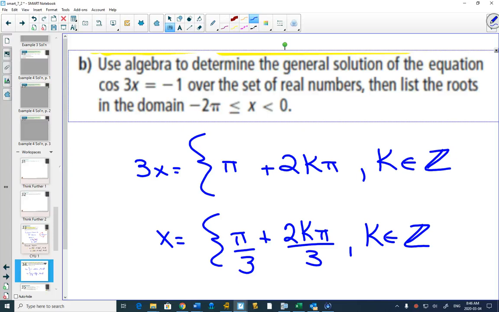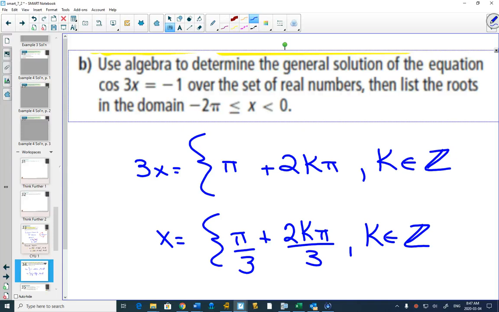It then says, list the roots in the domain from -2 pi to 0. For this, we could use our solution in A, or what we've done already, or we could use method 1 that we did before. I'm going to show you how you could use both.